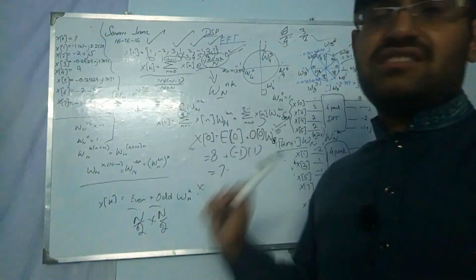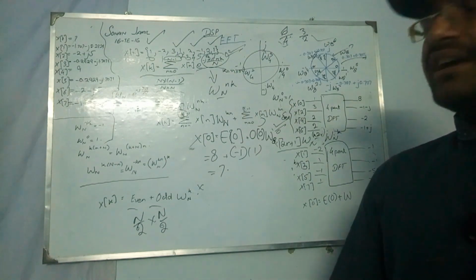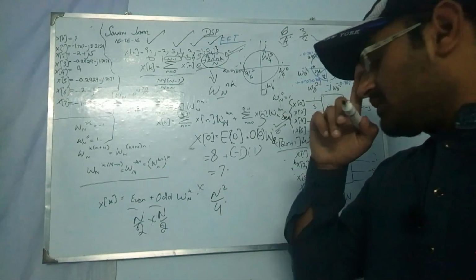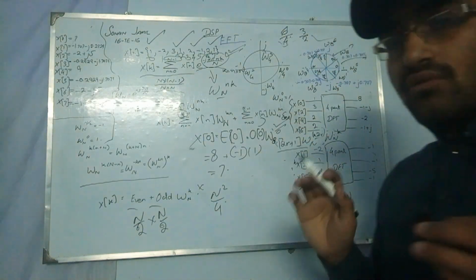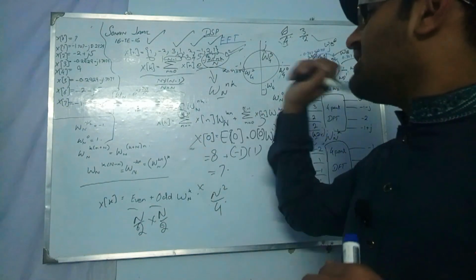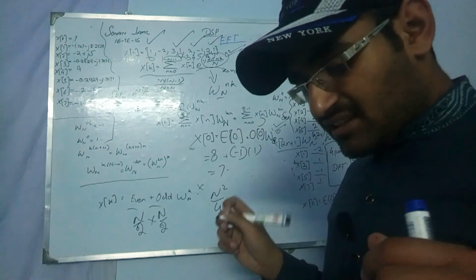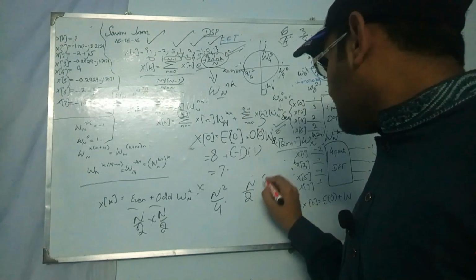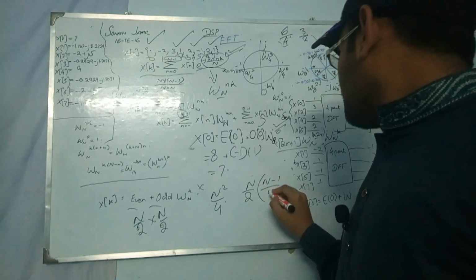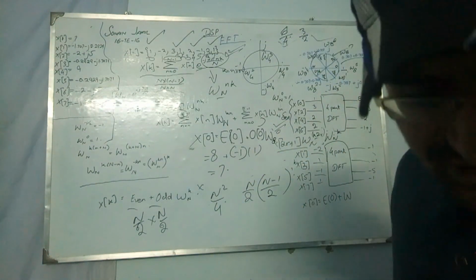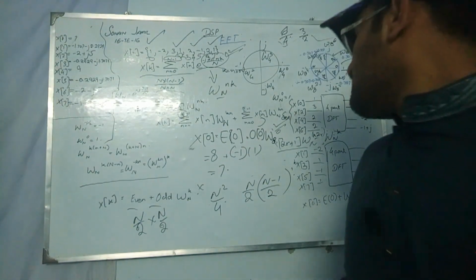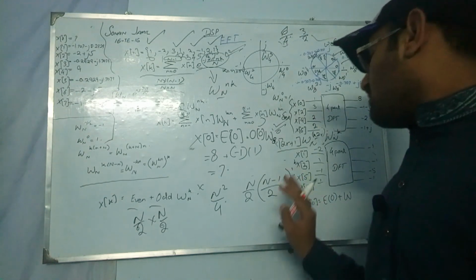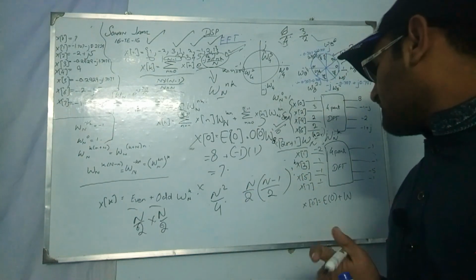Here we have N square, and in this case we have N square by 4 multiplications. It is divided by 4, four times less than the previous one. Similarly, in the case of addition, we have this number of additions, so additions are also reduced.